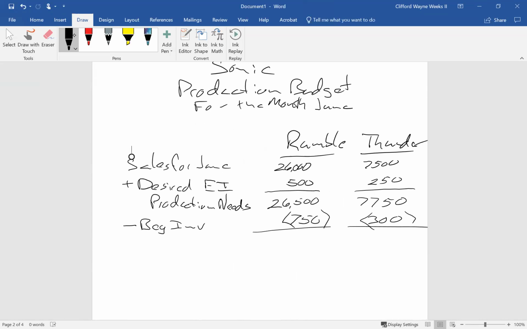So 26,500 subtract 750 gives us 25,750. And this is 7,450. This is production. Those are the number of units that we need to produce. Any questions?